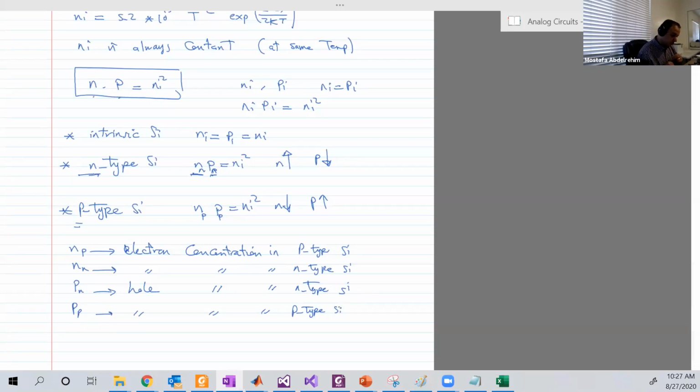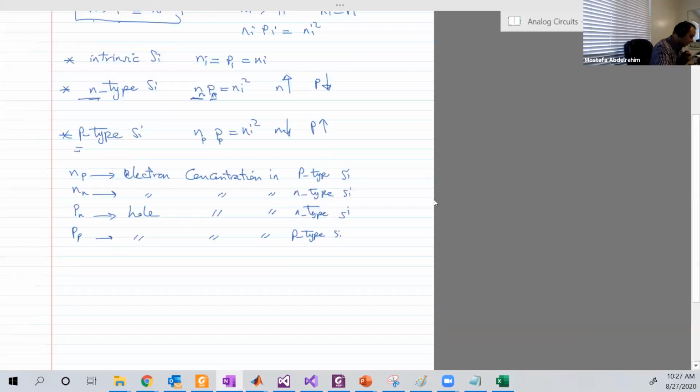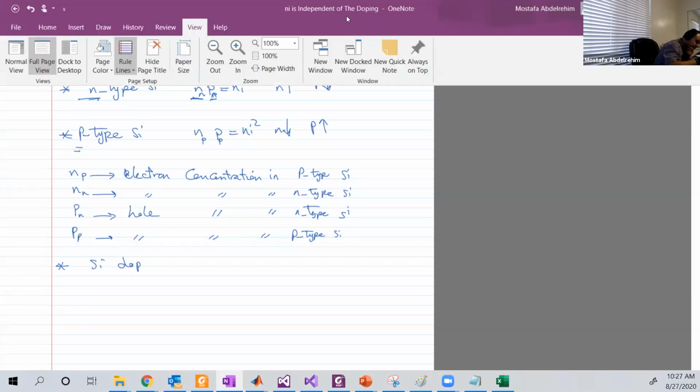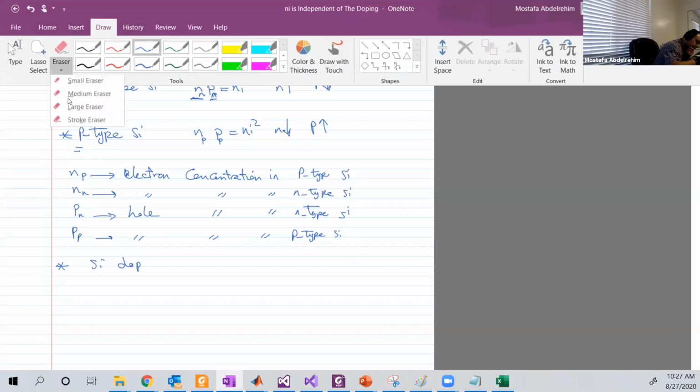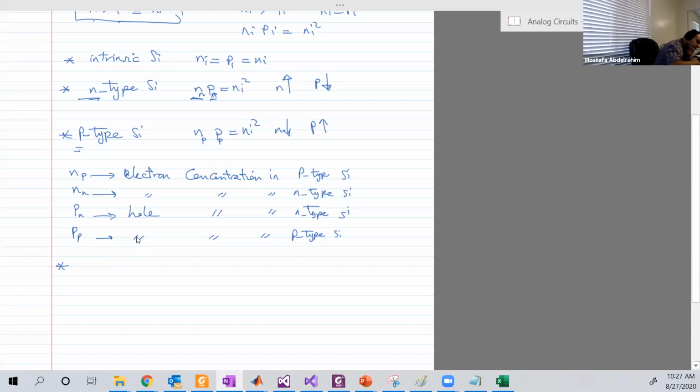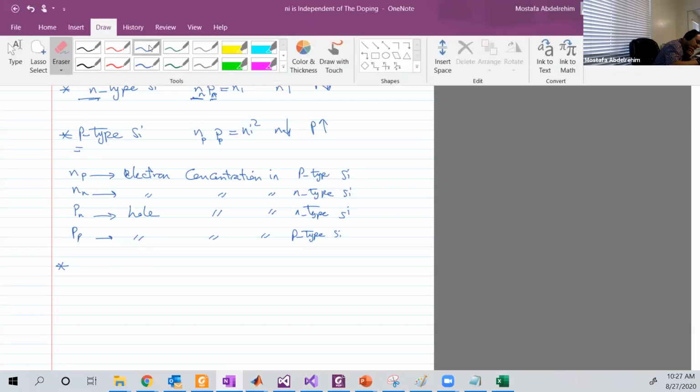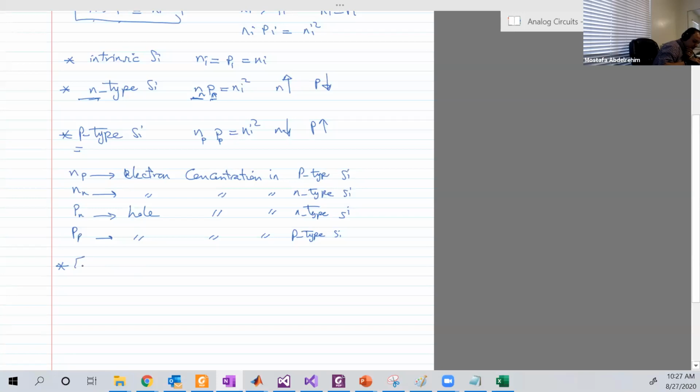So basically, N multiplied by P equal to Ni squared. Let's have an example, okay? It's an example in the book.